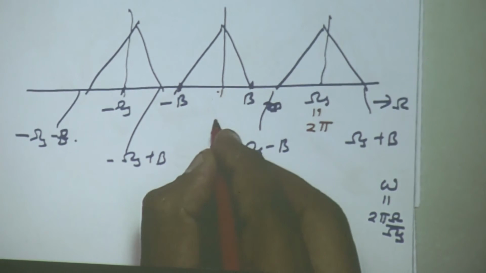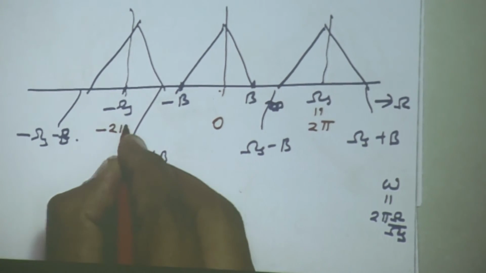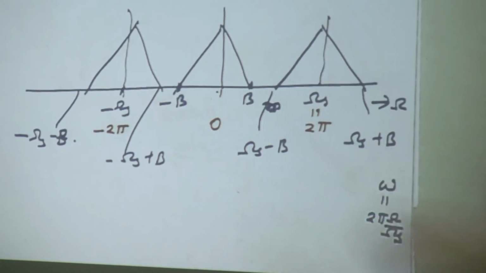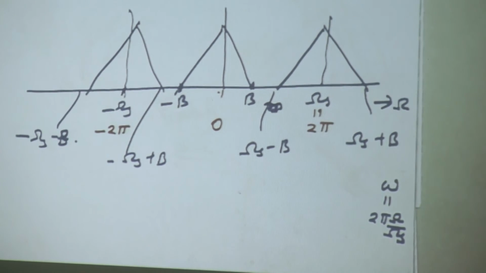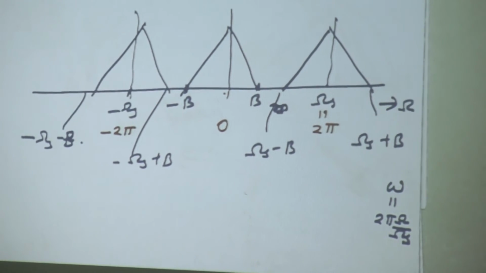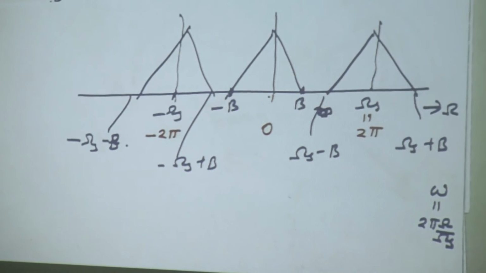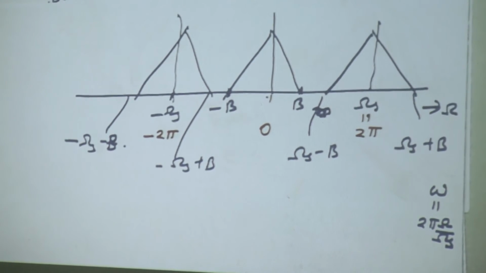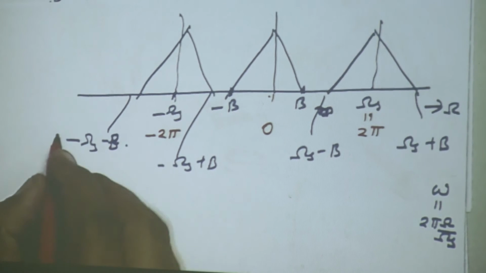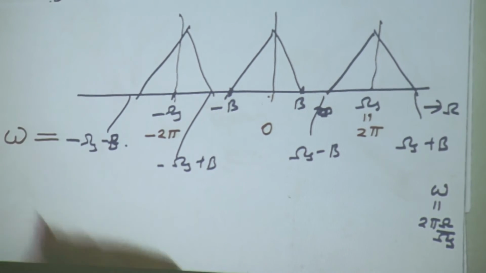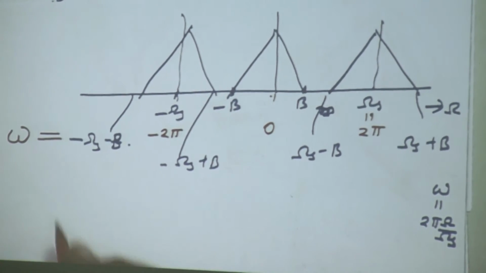This remains 0. This becomes minus 2 pi. Next instance of the Fourier transform will exist at 2 omega s. 2 omega s is equivalent to 4 pi. So these red colored things are the small omega axis. This is small omega.